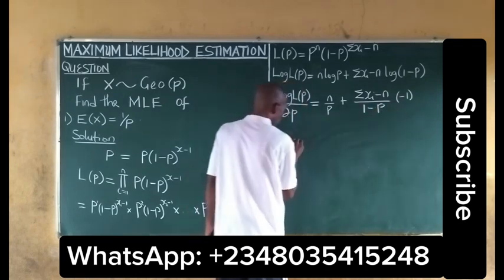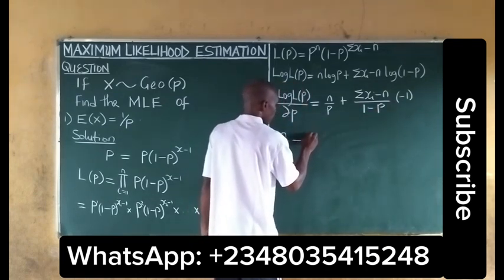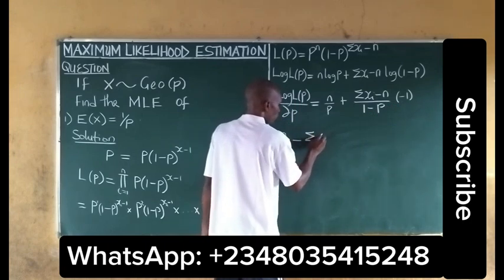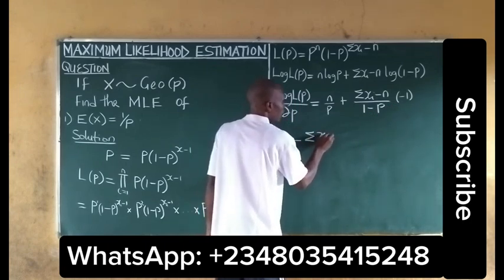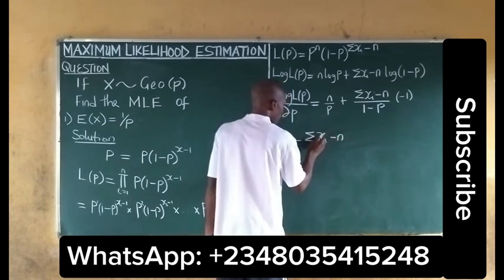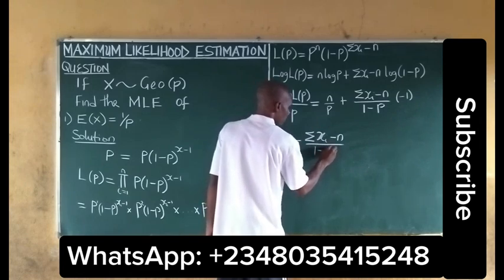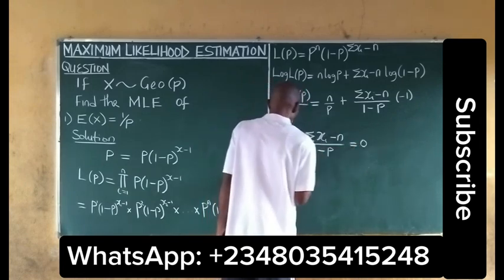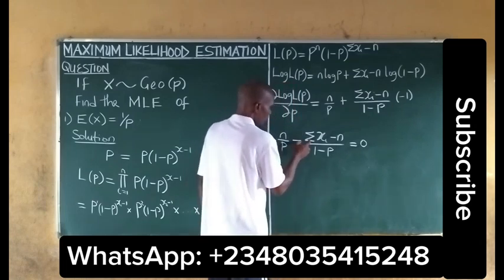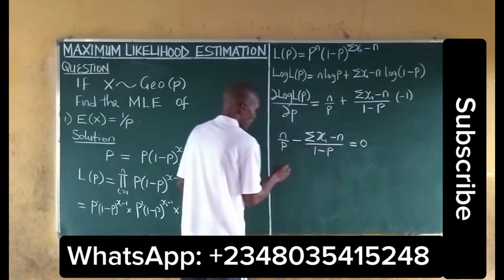So we get n all over p, and because of this negative sign, minus summation of xi minus n all over 1 minus p equal to 0. Of course, we can do the arithmetic here.